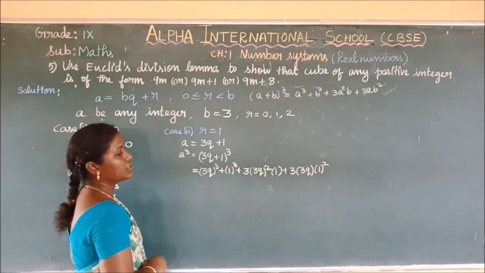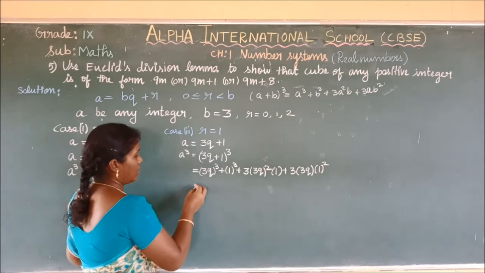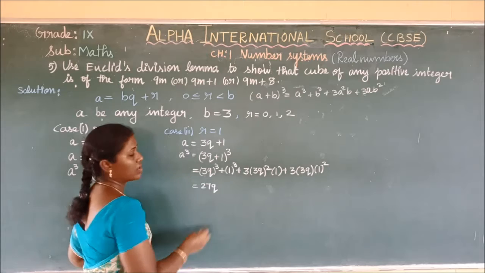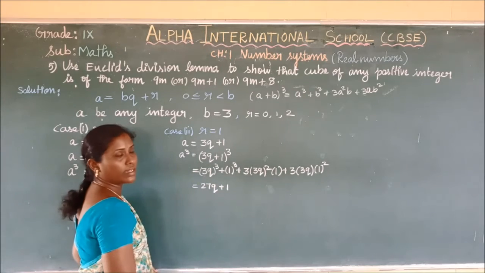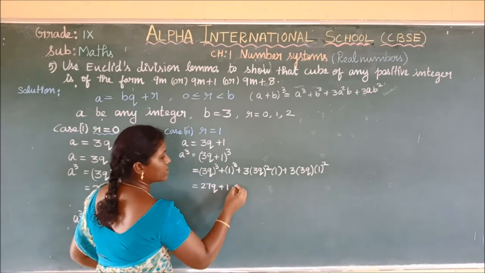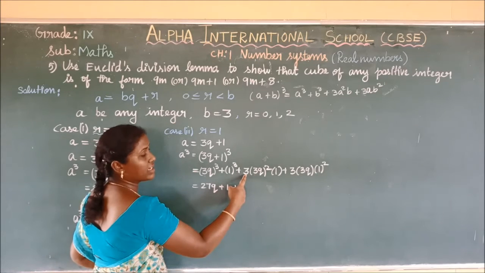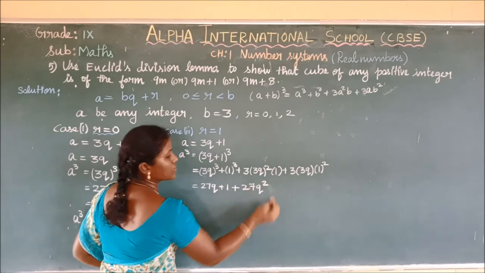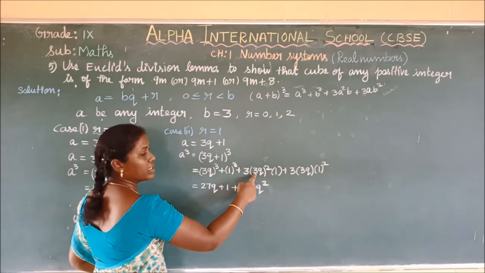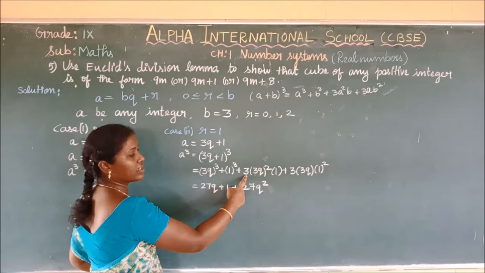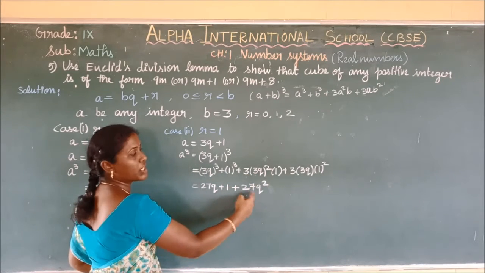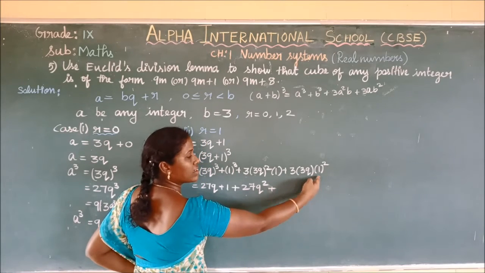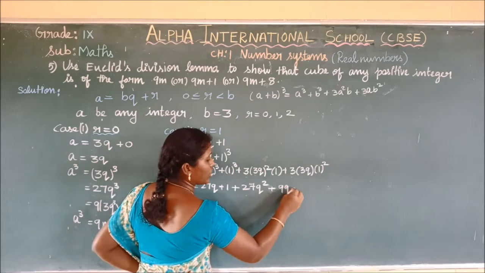Now just do the expansion. 3 3s are 9, 9 3s are 27, so 27 q cube, plus 1 cube is 1. Plus 3 3s are 9, 9 3s are 27, so we get 27 q square. Multiplying, 27 into 1 is 27 q square. Plus 3 3s are 9, 9 into 1 is 9, so 9q.